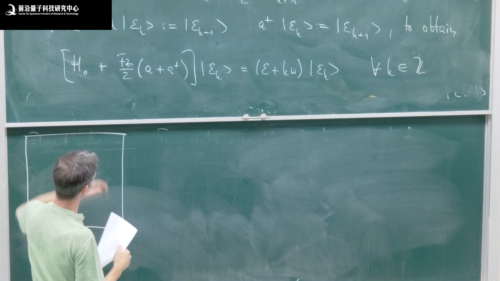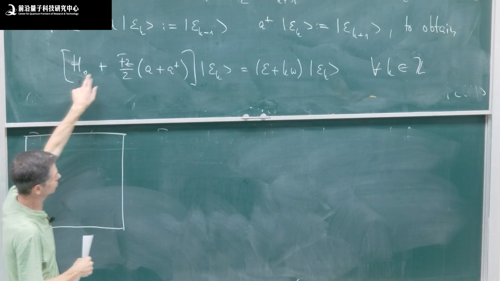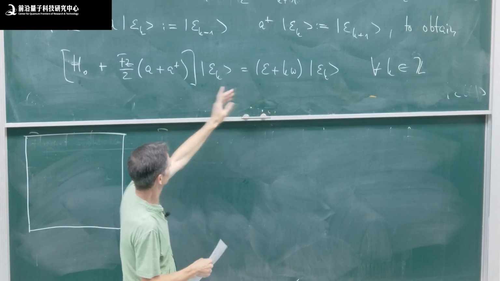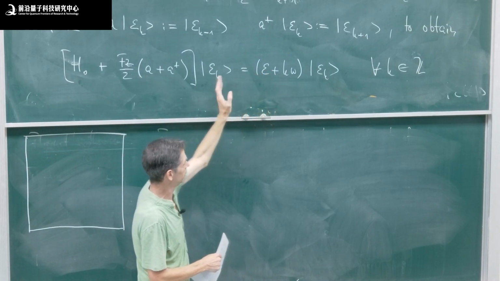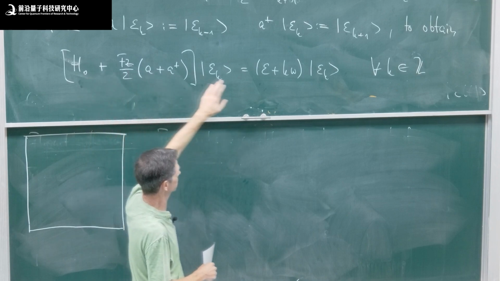Yeah, so on the diagonal you have H naught minus epsilon minus k omega.